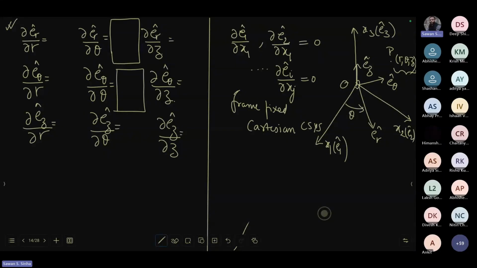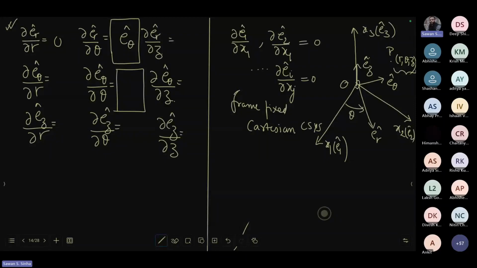Right? Here in the cylindrical polar coordinate system, all of them are not zero. Del ER del R will still be zero. Del ER del theta will be non-zero. Please keep in mind, and that actually becomes E theta.